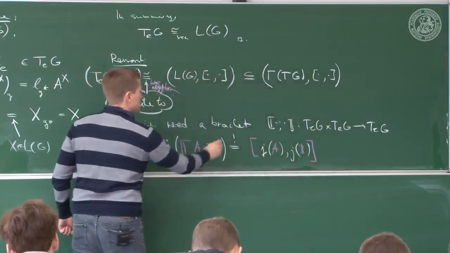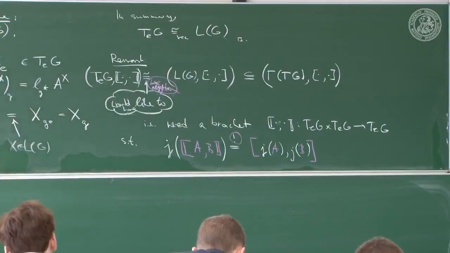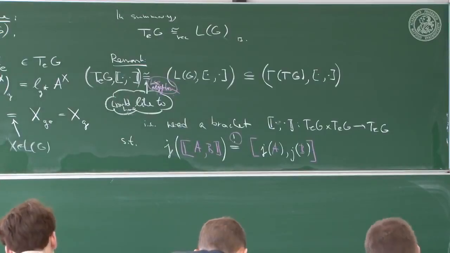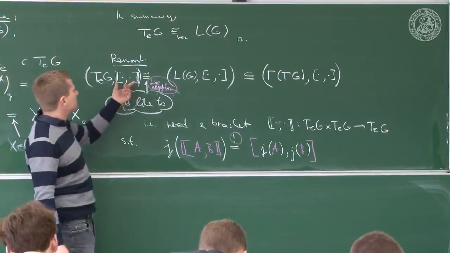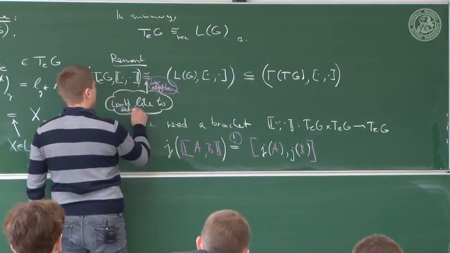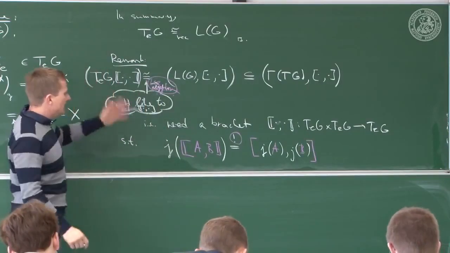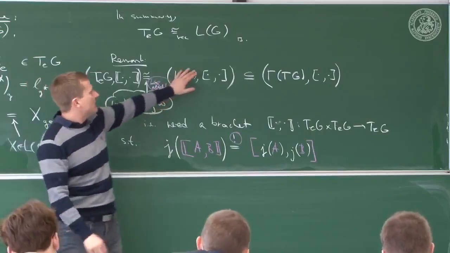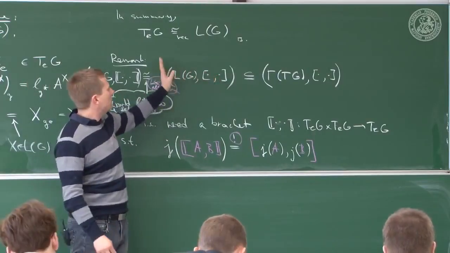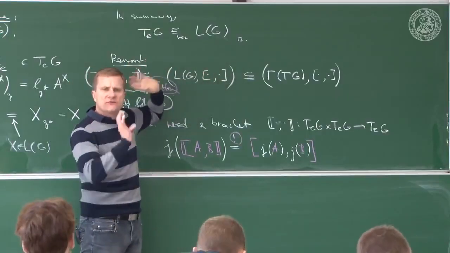Okay, we want this because this is this structure preservation property. So we would like to define a double bracket on TEG such that this is true, because then we can forget about all this left invariant vector field business and commutator brackets of vector fields.